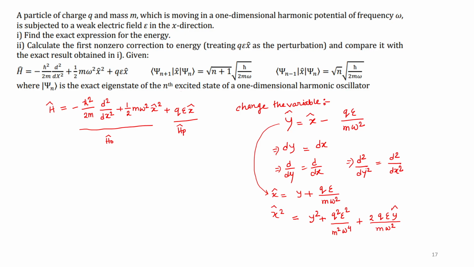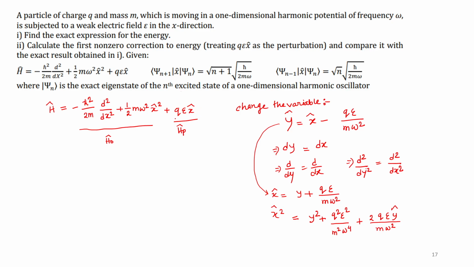Why am I doing this? I am doing this because your perturbation has an x dependent part. I can't write that this is n plus half times h nu and q epsilon x, because x is already a variable, so you need to do an integration if you want to have x there.